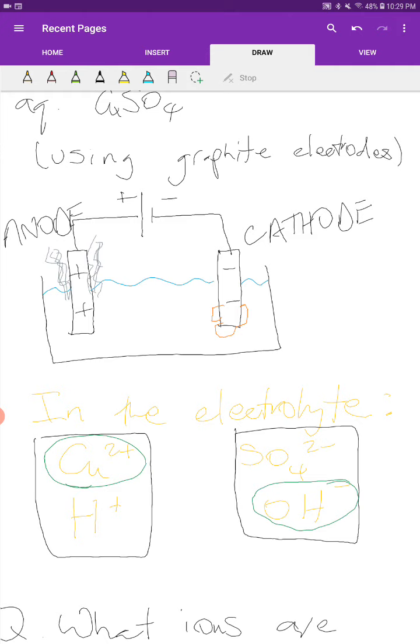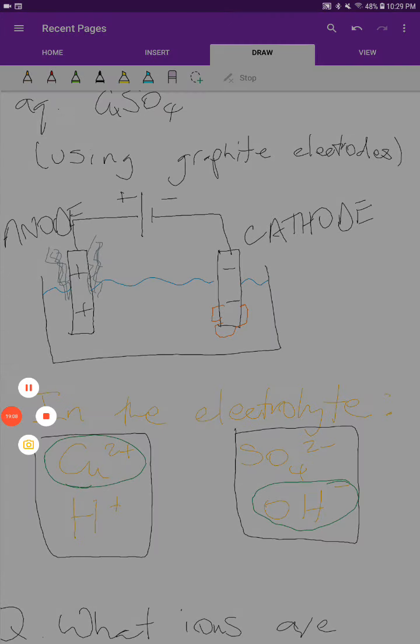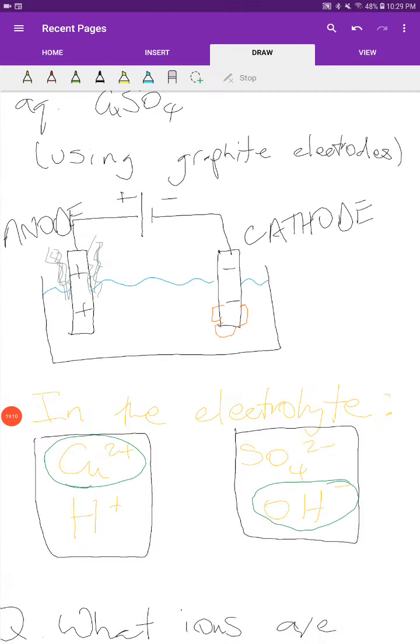For electrolysis of aqueous electrolytes, there's one other thing that you can be asked: what are the potential changes in the electrolyte that you may detect? Or what changes would you observe in the electrolyte?